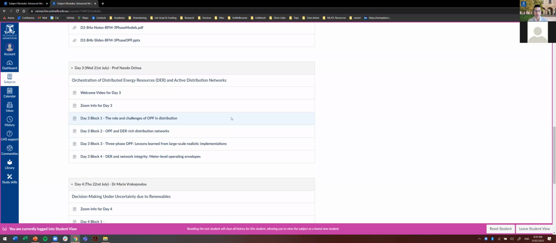And then we're going to move into 3-phase OPF lessons learned from large-scale realistic implementations. It's very interesting to see that there are a lot of formulations, a lot of work around the world about OPF, but the reality is that distribution networks are 3-phase, right? Distribution networks can have very complex elements or complex parts. And at the end of the day, if you really want to deal with distributed resources, yes, there are solar farms and wind farms, but the large majority, when we talk about electric vehicles, rooftop solar photovoltaic panels, residential batteries, we're talking about houses.